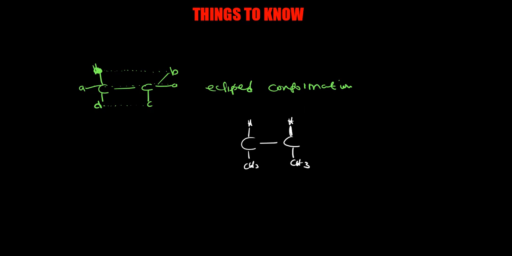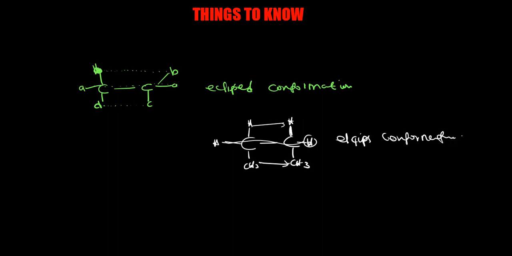All right. So then I put another H, another H. So these things are eclipsing. This one is eclipsing that one. This one is eclipsing this one. So this is what we call eclipse conformation, guys.